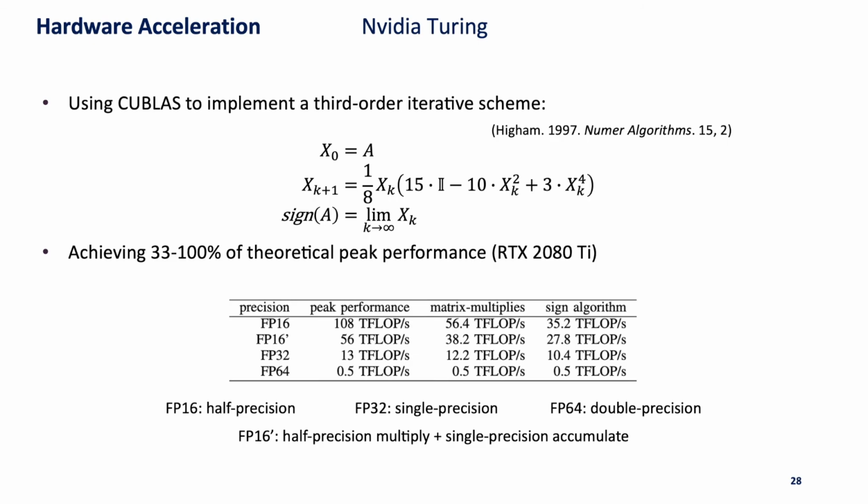So one experiment we did was on NVIDIA Turing GPUs, where we used cuBLAS to implement a third order iterative scheme and managed to achieve 33 to 100% of the theoretical peak performance of our hardware, depending on which data type we used. So we see that for half precision it wasn't as easy to get to the peak performance as, for example, for single precision.